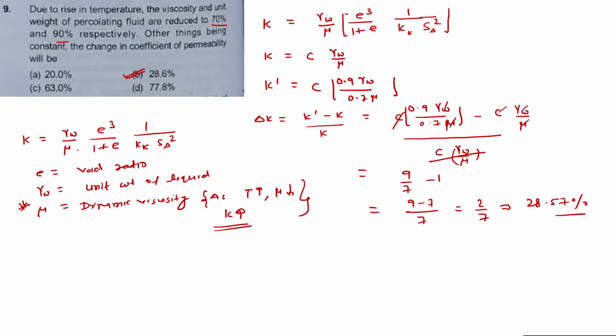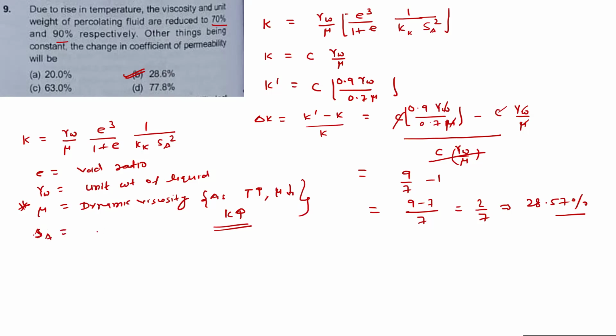So the change in viscosity will be more than the change in unit weight of water when temperature changes. As temperature increases, viscosity will decrease and permeability will increase. Just keep this in mind.